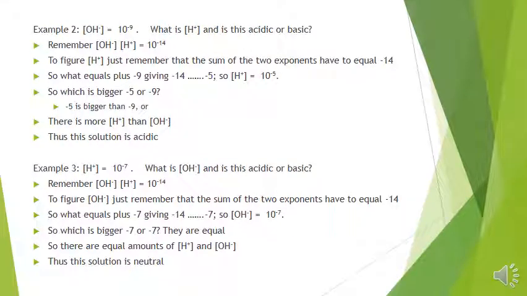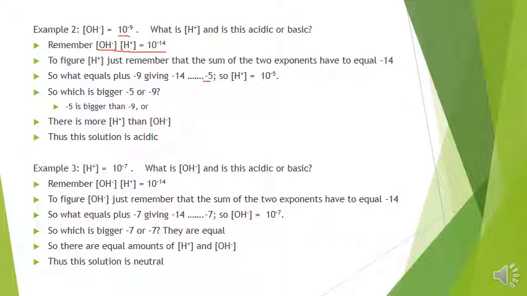Now example 2. Let's say the OH minus is 10 to the -9th. What is the H plus, and is this basic or acidic? So we know, here's our equation. We know OH minus is 10 to the -9th. So -9 plus what gives me -14?